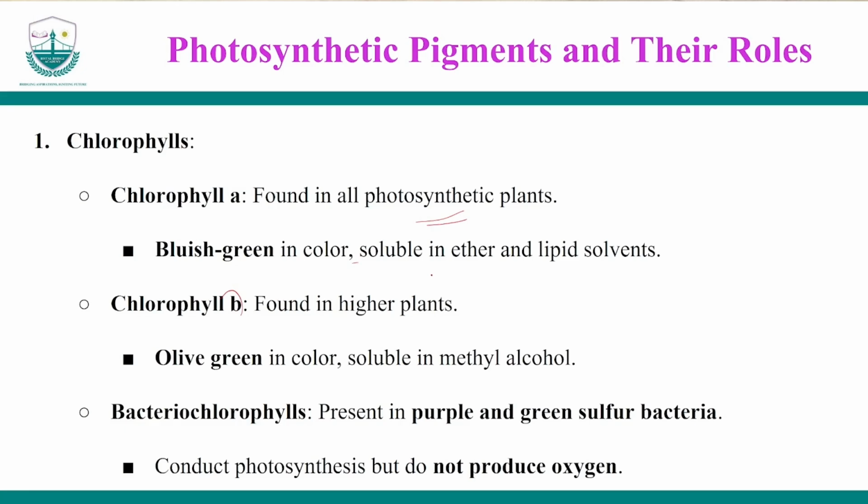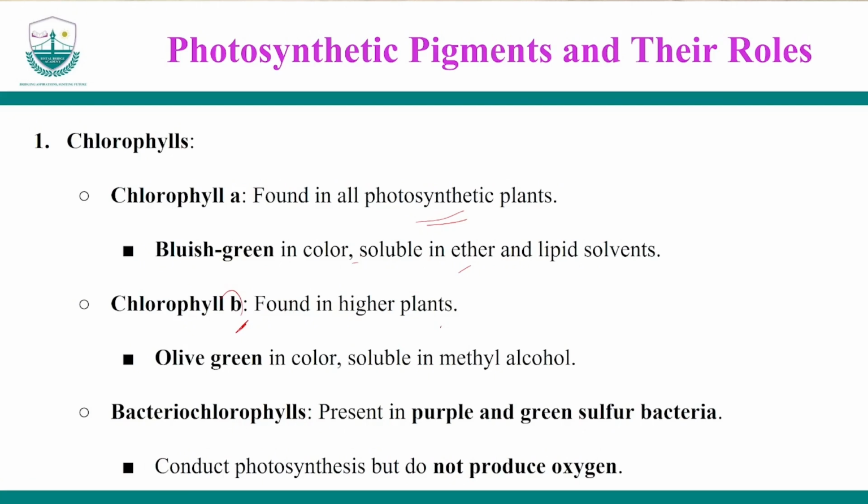If you get a leaf that contains chlorophyll A and put it in ethers or even liquid solvents, you see that it's soluble. And then chlorophyll B, found in higher plants, is usually olive green in color, soluble in methyl alcohol.